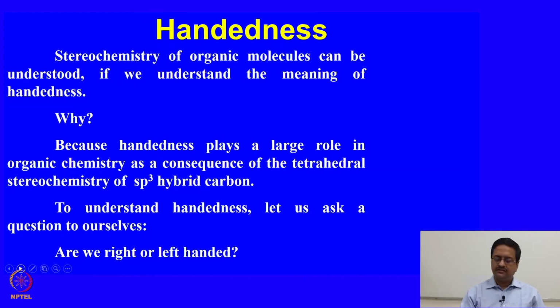So the stereochemistry of organic molecules can be understood if we understand the meaning of handedness. Why? Because handedness plays a role in organic chemistry as a consequence of the tetrahedral arrangement of the sp3 carbon. sp3 carbon has four atoms connected like that, and these four atoms can be connected to that central atom in two different ways, either this blue atom on the right and this on the left, or the reverse.